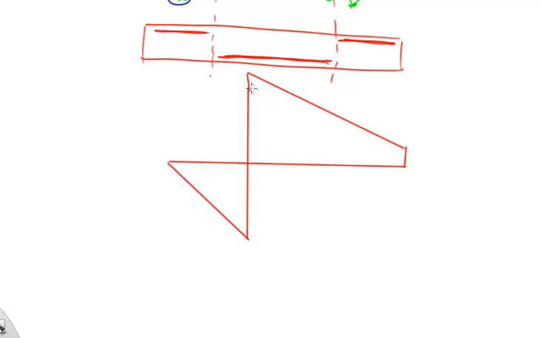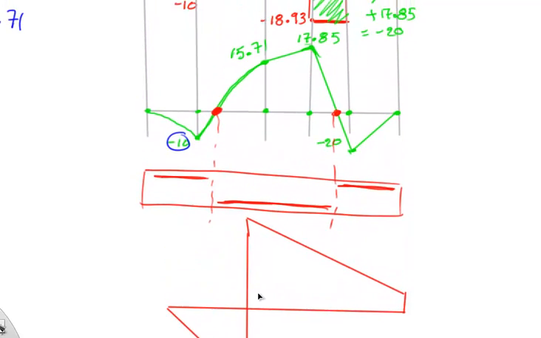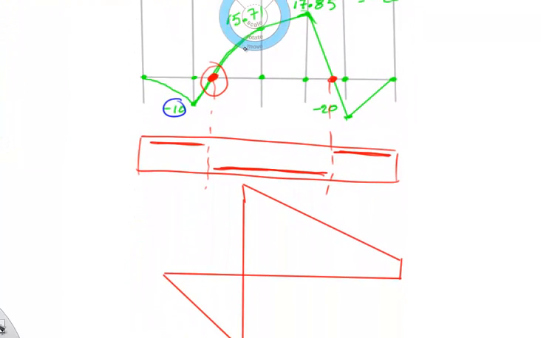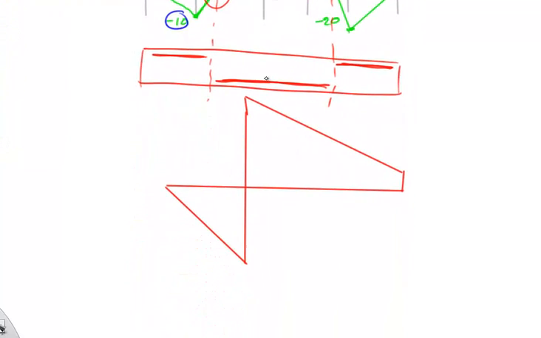Okay, why did I do this segment only? Because this segment, if you look at the shear diagram from the problem, includes the 0 moment point. So what I'm trying to find now, I'm trying to equate 2 areas.